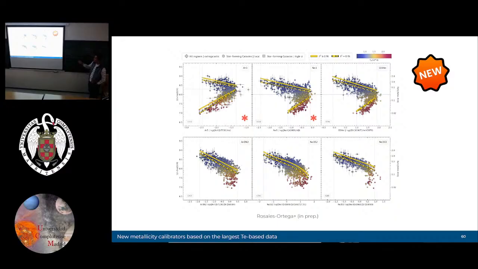The maximum value, I remember, is 25,000. It doesn't get to 25,000, more like 23,000. It doesn't affect that much whether you use homogeneous or inhomogeneous. The difference is this offset, basically a 0.2 dex shift.